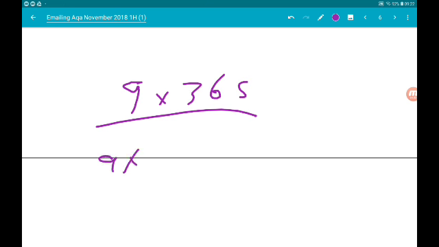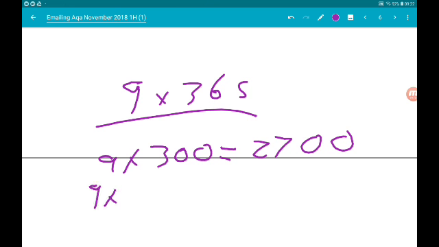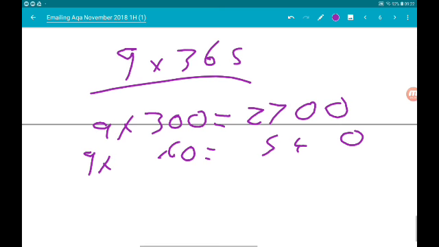So 9 times 300 is 2,700. 9 times 60 is 540. 9 times 5 is 45.